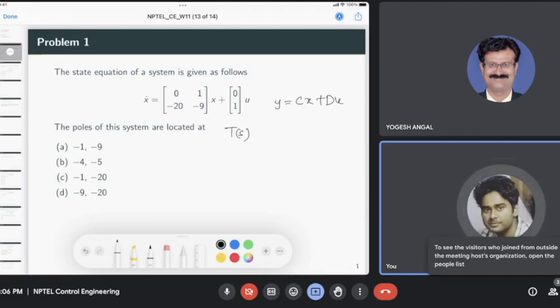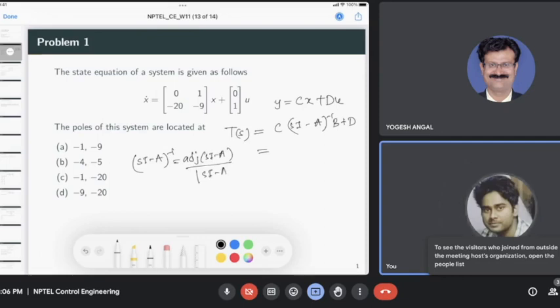Then we know the transfer function to be simply C times (sI minus A) inverse times B plus D. For any matrix inverse, we know that it's just the adjoint divided by the determinant.